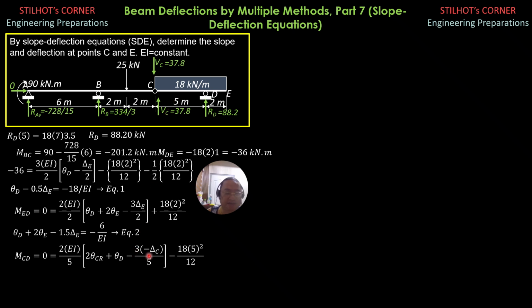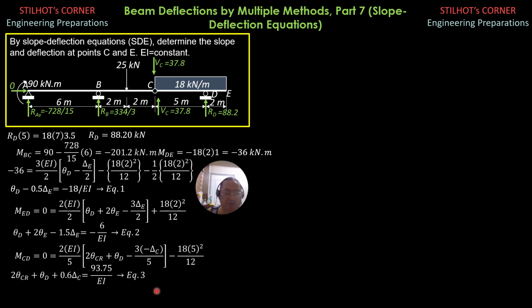So minus 3 times negative delta C over 5, then the fixed moment at C right is negative WL squared, 5 squared over 12. Simplifying this equation, theta C right plus theta D plus 0.6 delta C equals 93.75 over EI.